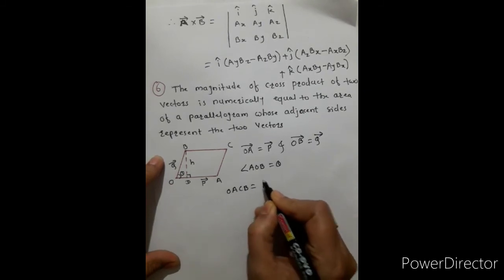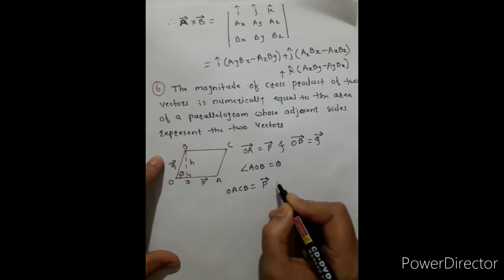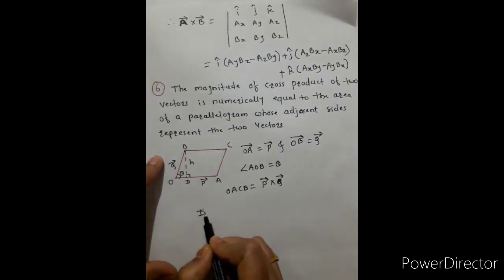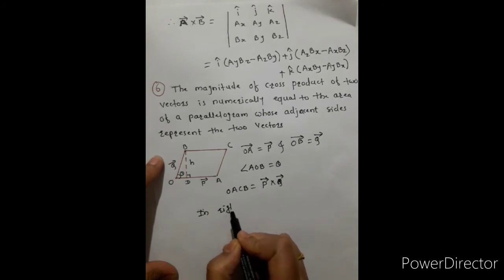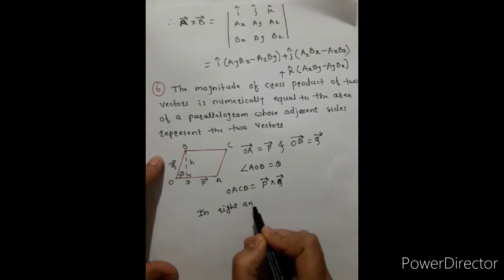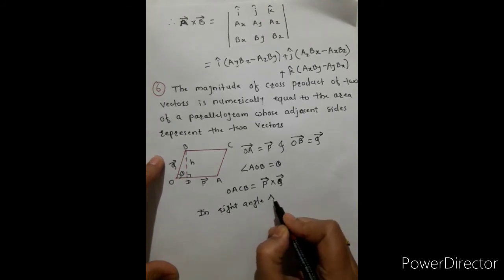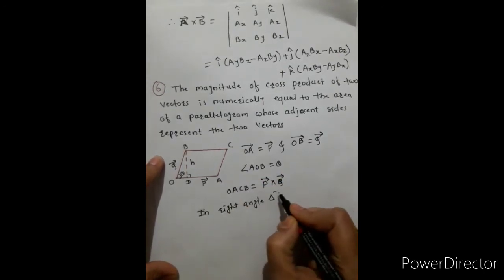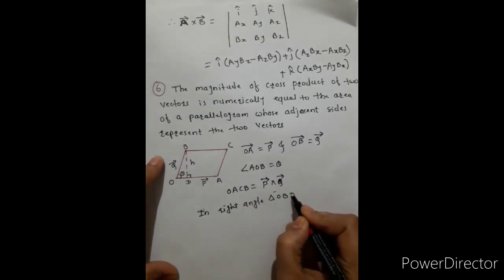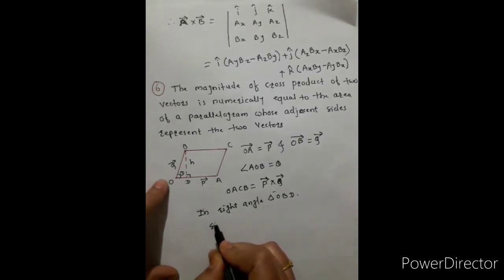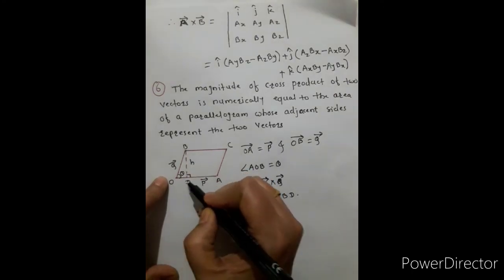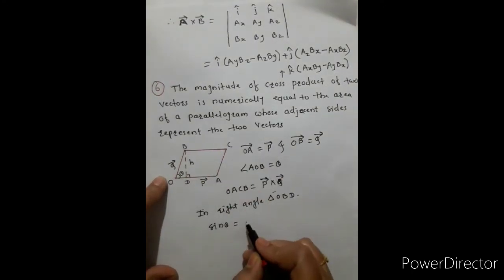Now we have to prove the area of parallelogram OACB is equal to magnitude of P cross Q. So in right angle triangle OBD, sin theta is equal to BD upon OB.